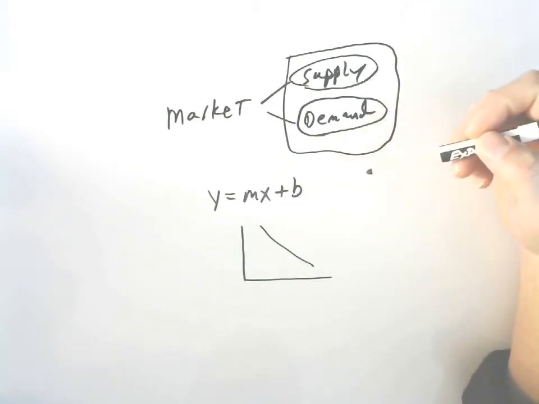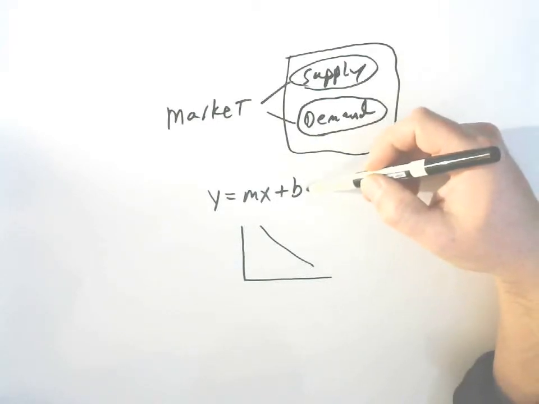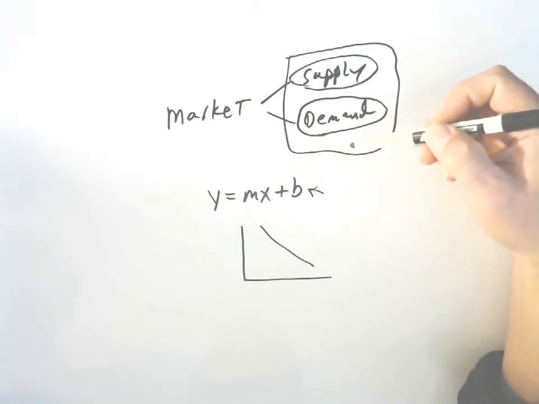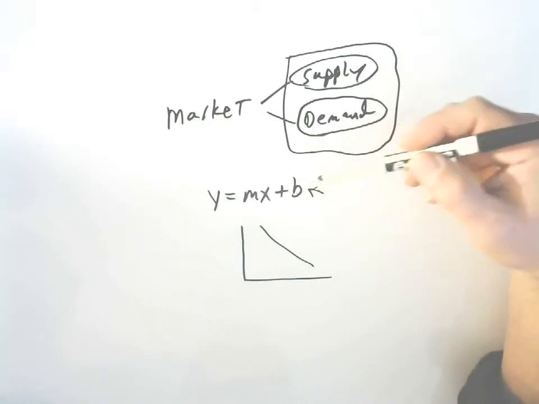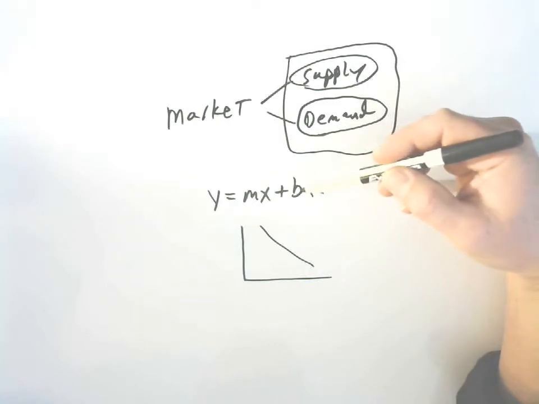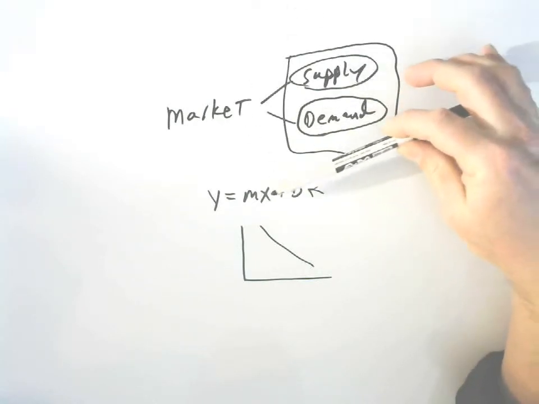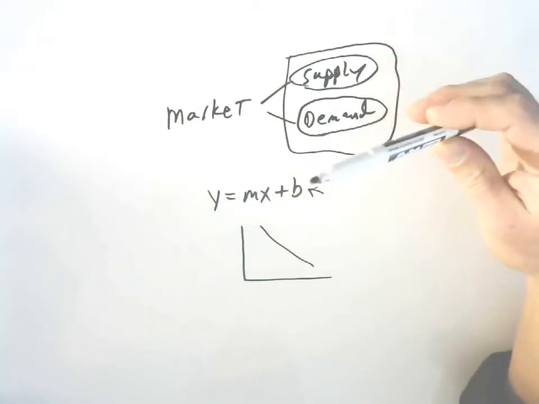Now, what we do in economics, of course, is we take a general form such as this and we input information into it and see how that model changes.